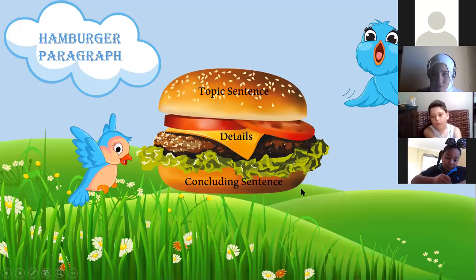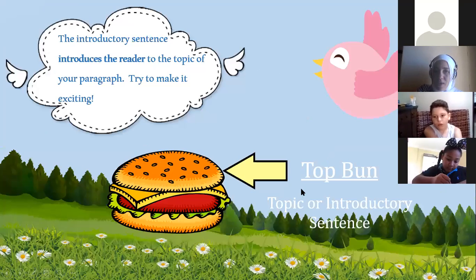But now what we must focus on is the topic sentence. What is the topic sentence? If we read the definition here, we call it the introductory sentence or topic sentence. The introductory sentence introduces the reader to the topic of your paragraph.